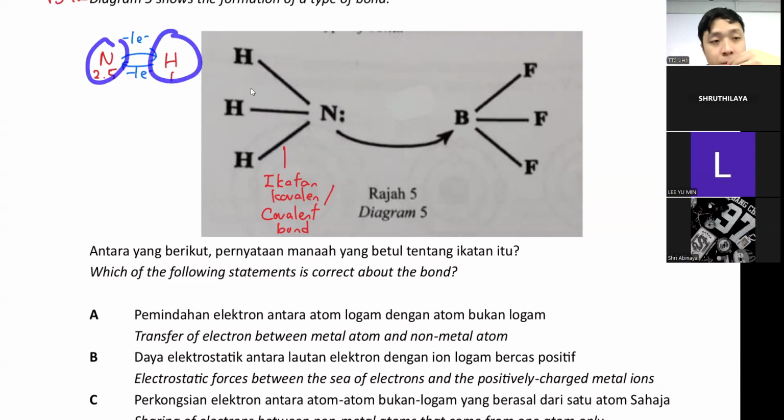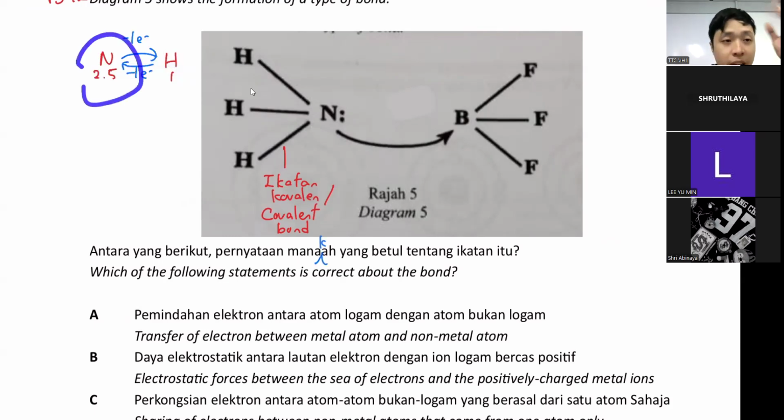So do you think they are full already? Hydrogen is full, yes, because nitrogen already shared 1 electron to H. What about N? N is not full, okay? So N needs how many more electrons? 2, right?